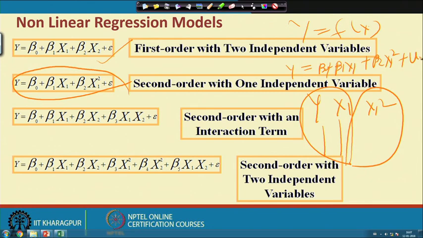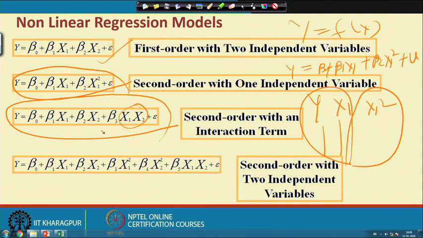So, this is how the simple model can be represented, and with respect to two independent variables, the nonlinearity representation can be like this also. So, this x 1 x 2 is called the interactive effect. Sometimes the interactive effect can also be studied to predict the y.